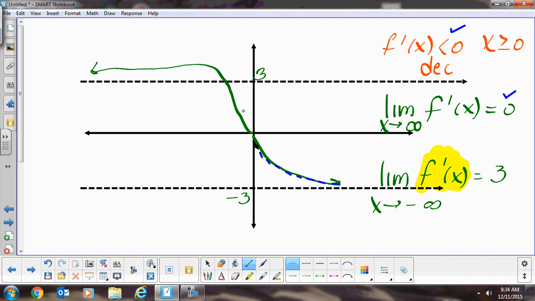The derivative. So as we go to the, and this is not quite as obvious, let me draw a better picture here. This is going to be doing this. As we get closer and closer to negative infinity, what are these slopes going to do? Where are they going to approach? 0. Is this true or false?